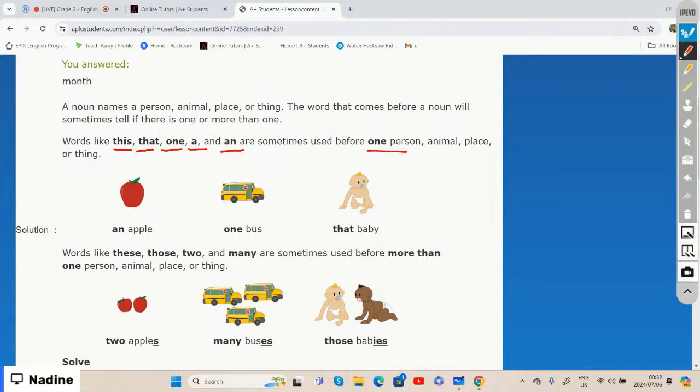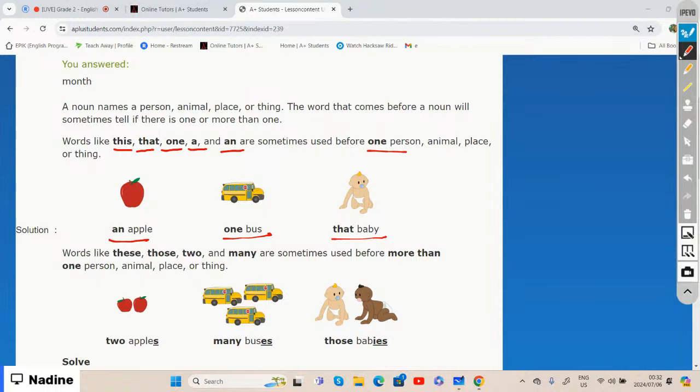So if we look at an example, remember we said we need to look at the word that comes in front of a noun. Words like an apple refer to one apple. One bus. That baby, we're referring to that baby over there that is crawling or crying, right? That is referring to one person, thing, or place.